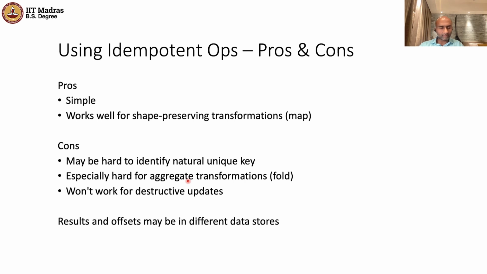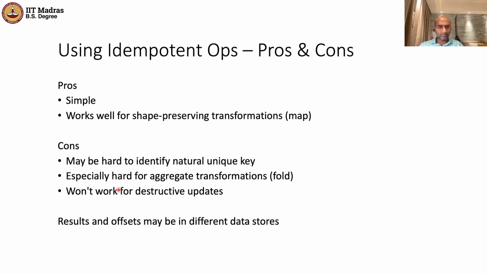In some business contexts, you might not be able to identify a natural unique key, or if you resort to using the offset, the scale of the problem is so large that you're effectively creating a copy of all the data that's in Kafka again in the results table. The results table could be in a database, in which case the database is going to be as big as the Kafka message queue. That kind of defeats the purpose of consuming, rolling up and processing the data. May or may not be applicable, so you'll have to take a look.